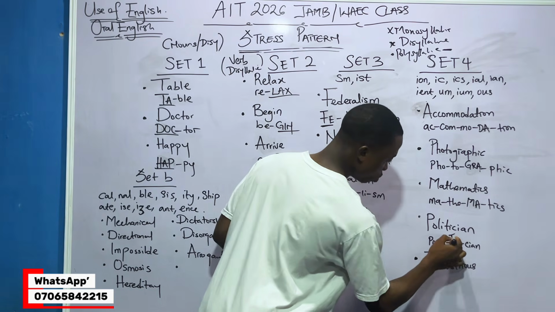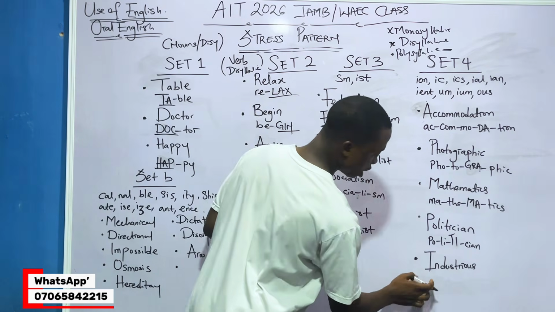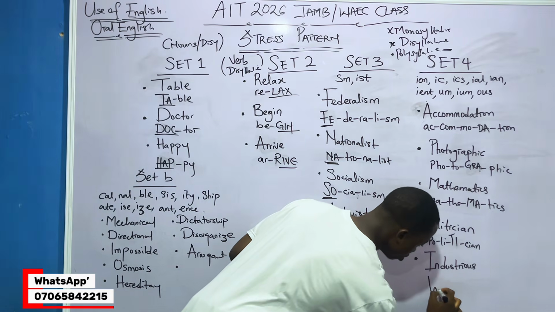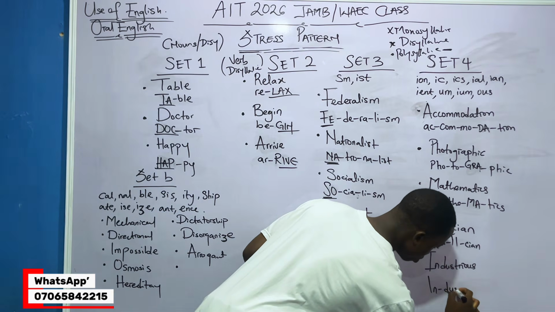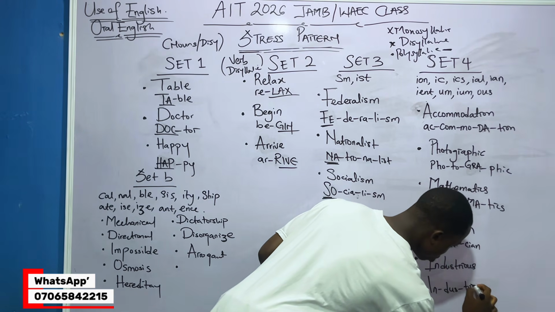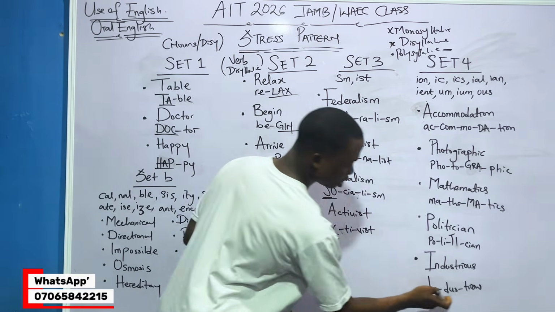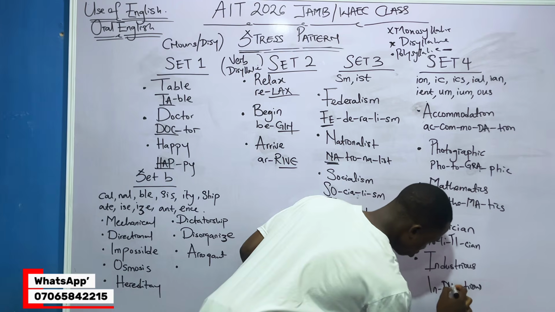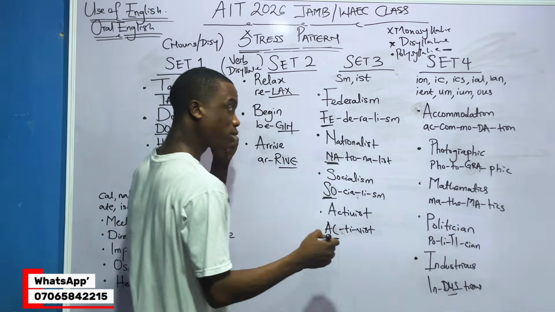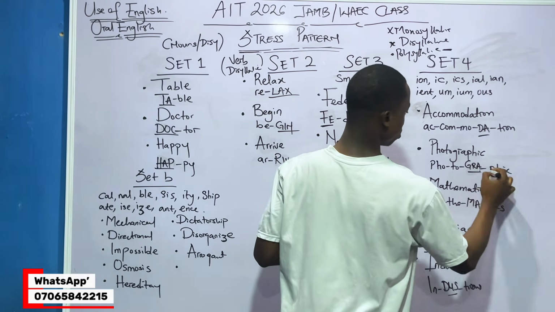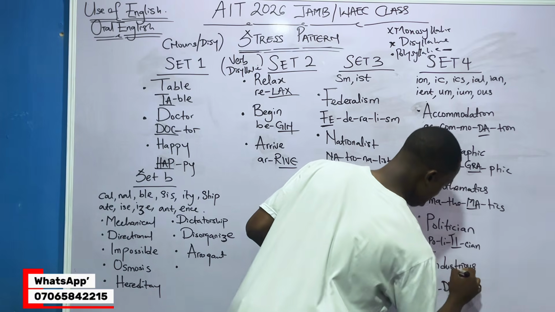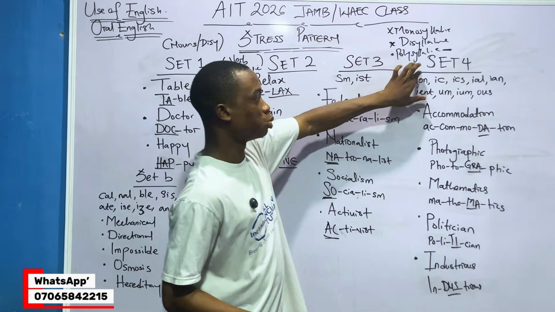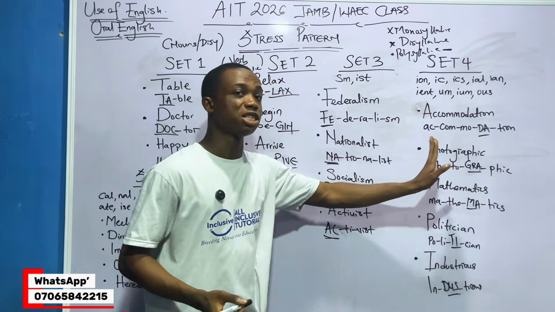Hope you guys can see it too. Look at this one, industrious. Let's break it down. Where is the stress? At the second to last, DUS. So you can see it: second to last, second to last, second to last. Whenever a word ends with any of these, the stress is second to last.